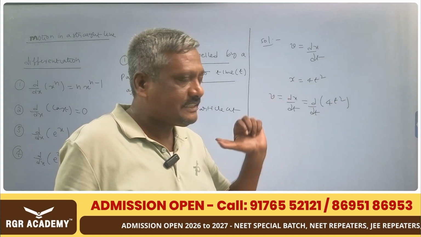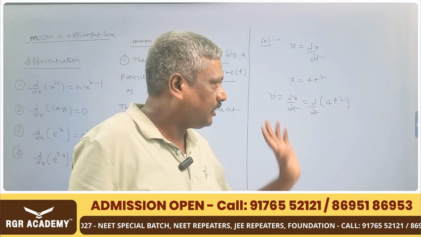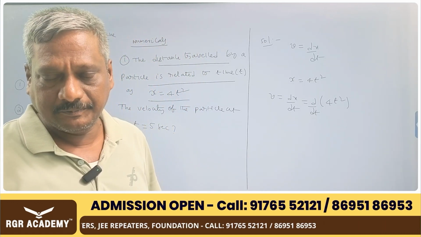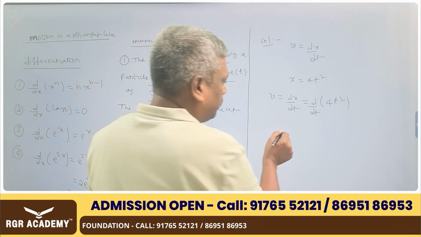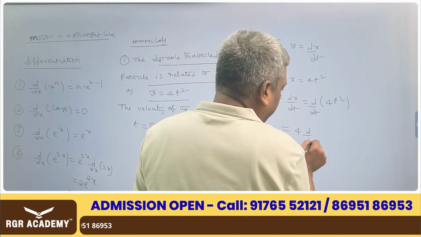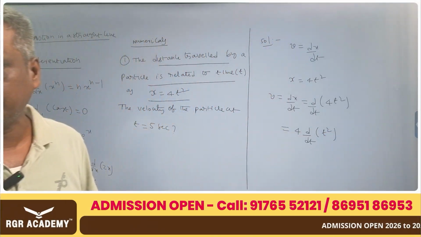Here t square is variable. If a variable is multiplied with a constant factor, it never becomes 0. 4 can be taken outside, so you can write 4 into d by dt of t square.